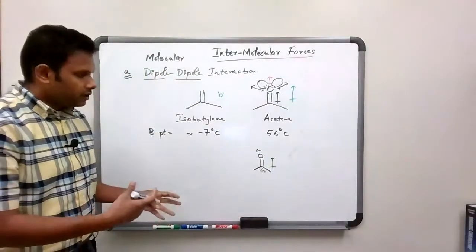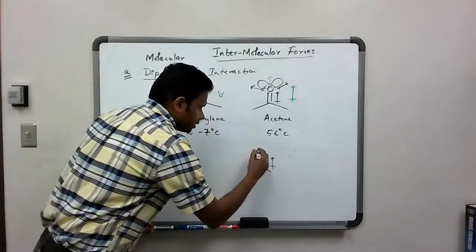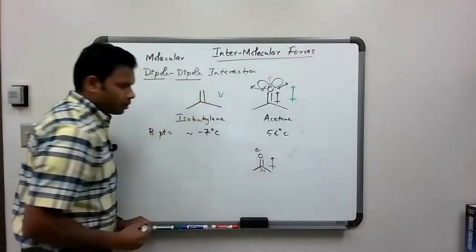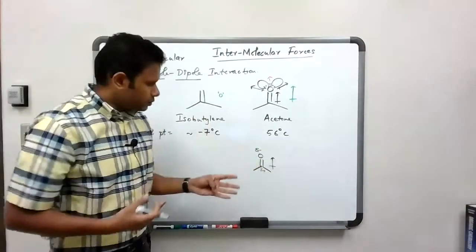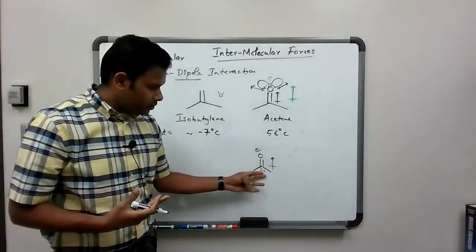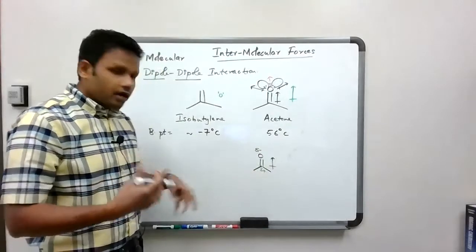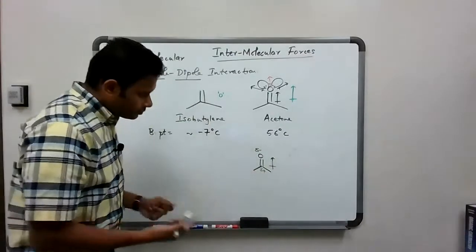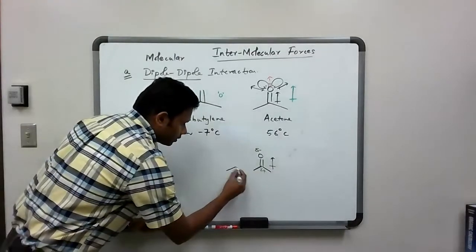And if you have another acetone molecule, how would that other acetone molecule orient itself if it is next to this acetone molecule? I would think that there are 2 options actually. Let's draw the other option.